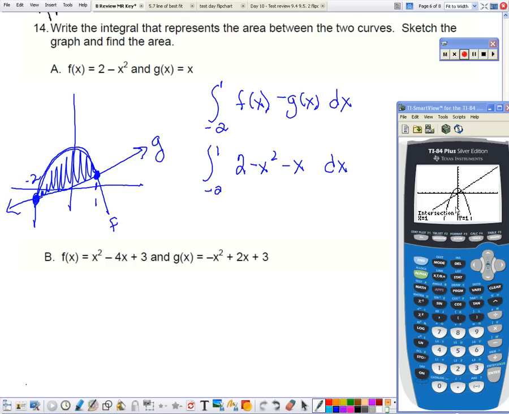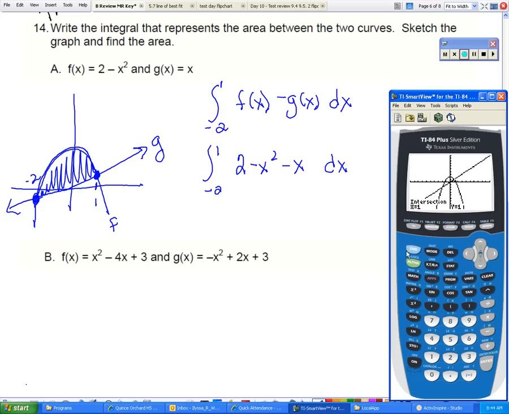Or, since we have it here in our calculator, I can use the math menu, option 9, and my equation is going to be y1 minus y2, comma x, and I wanted the integral from -2 to 1.